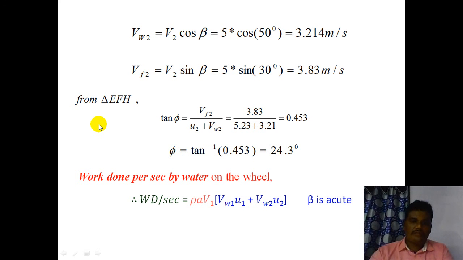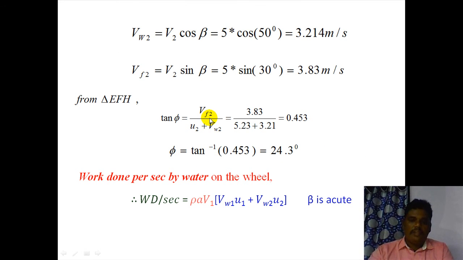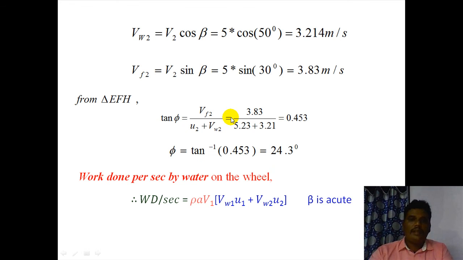From triangle EFH, tan phi is equal to opposite side by adjacent side, that is VF2 divided by U2 plus VW2.